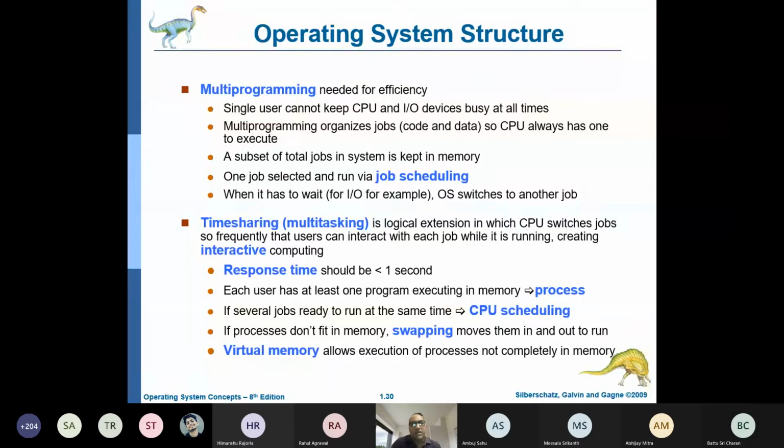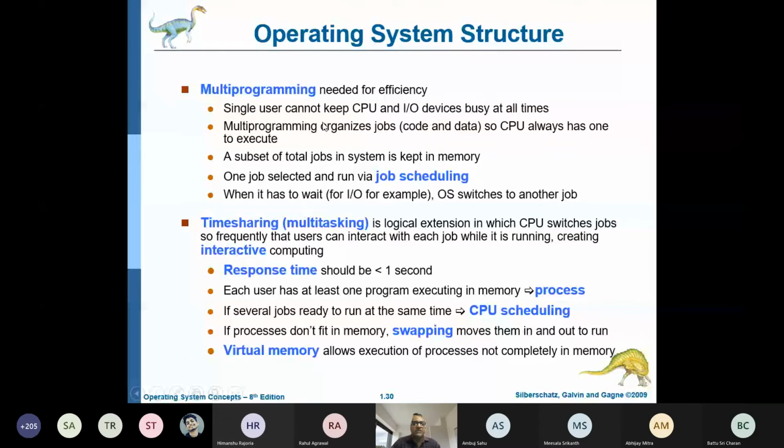You needed to give a program and data files, whatever was required, at one point in time, and then not much user interaction was required and that job would be carried out, one after another. This is what is meant by a job in the context of multi-programming or job scheduling.